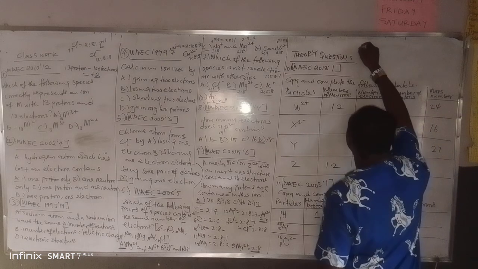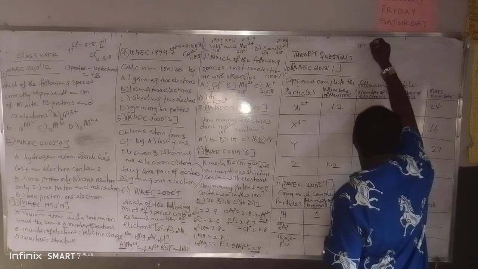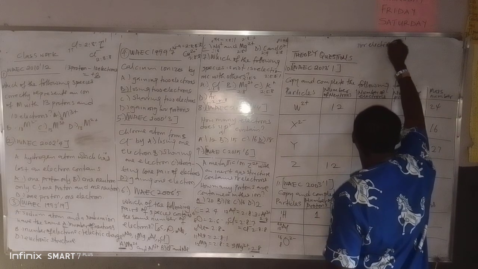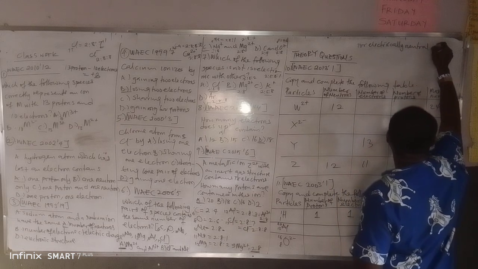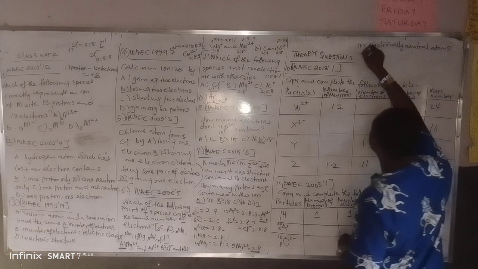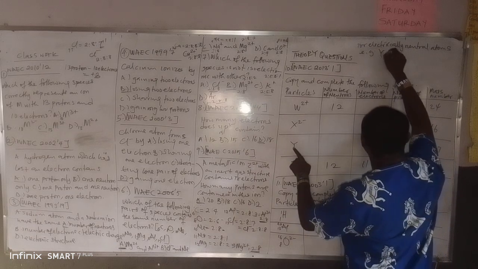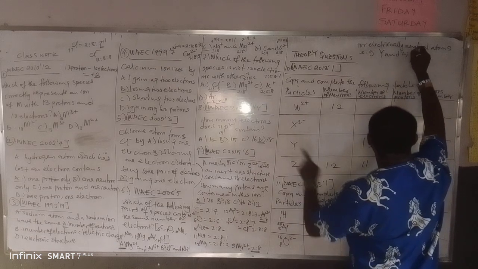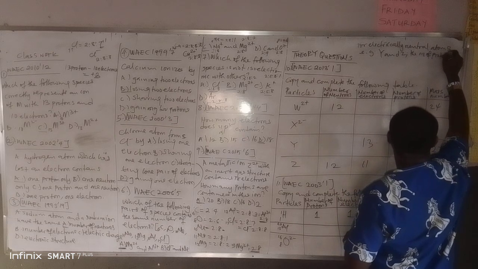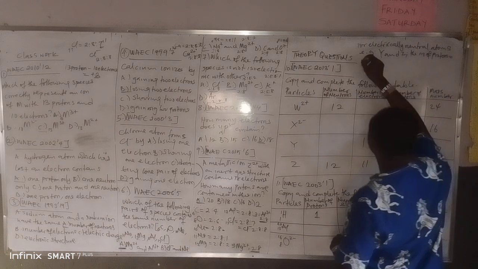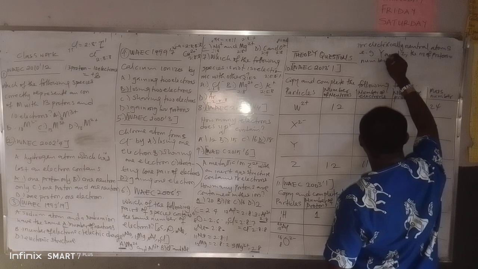And what do you need to know? You need to know that for electrically neutral atoms, e.g. Y and Z, the number of protons equals the number of electrons.